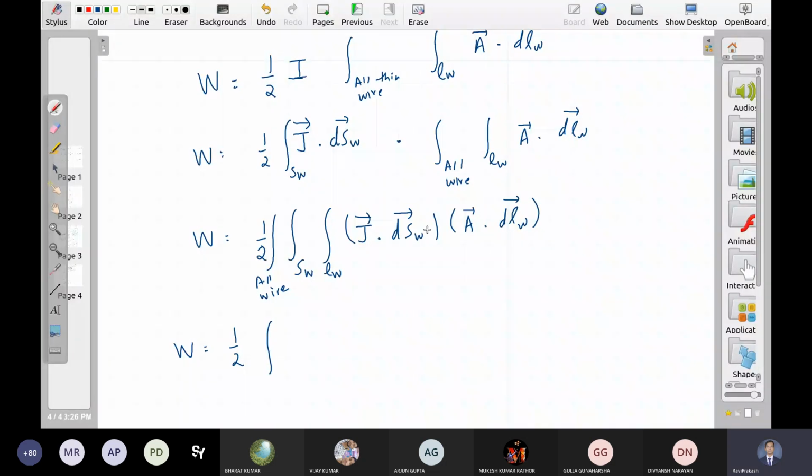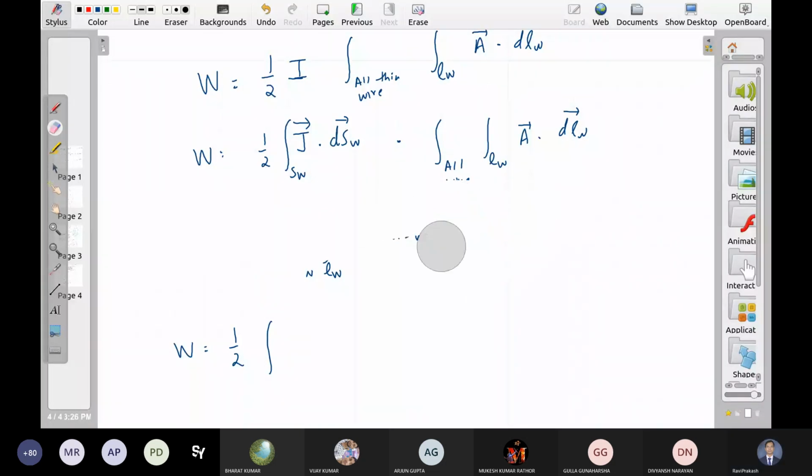I think we have made some mistake. How did the integration over all wire come in for J dot ds? Yes, you're right. So this is the mistake. In fact, the integration over all wire cannot be made over this. This is not right, no?